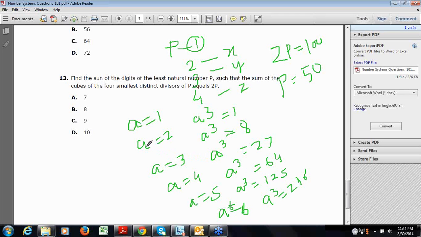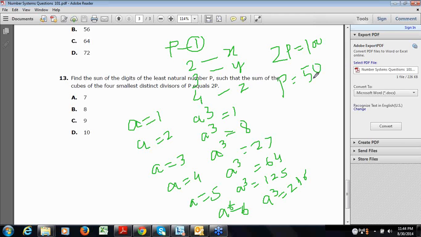Now what are we considering? Considering x, y, z is equal to 2, 3, 4. The cubes will be 8 plus 27 plus 64, that is 99, plus 1 we have already considered, so 100. So 2p will be equal to 100.